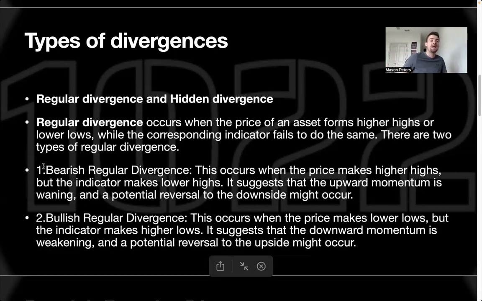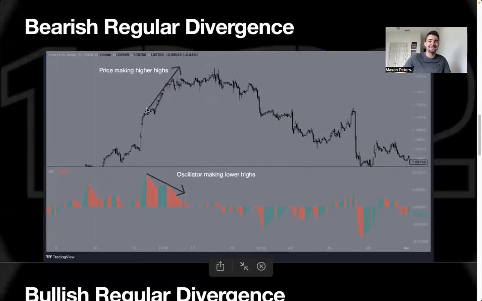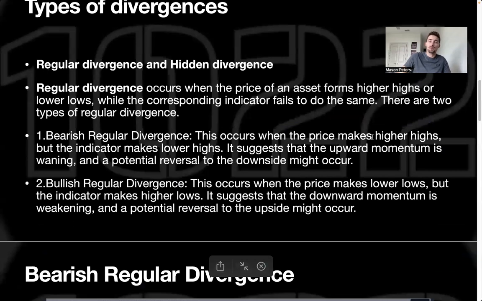Bearish regular divergence is when price is making higher highs, but the oscillator is making lower highs. Notice with the arrow, right? We have a higher high in price and a lower high on the alligator oscillator. This occurs when price makes higher highs, but the indicator makes lower highs.